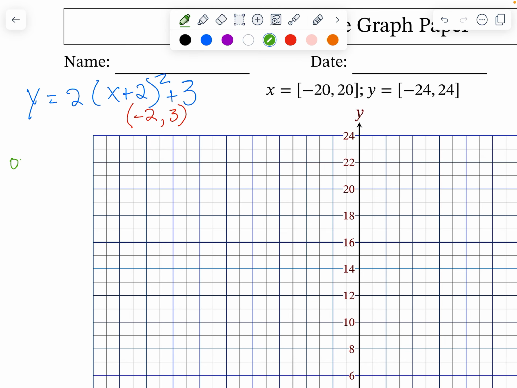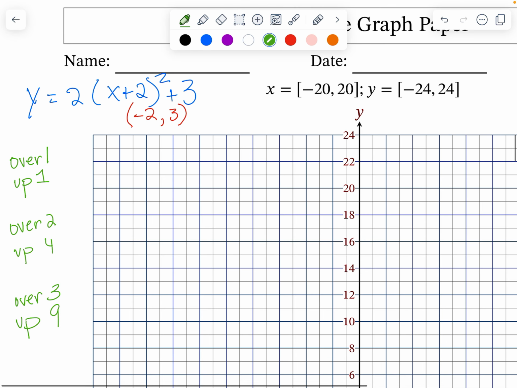So normally it's over 1, up 1, and over 2, up 4, over 3. 3 times 3 is 9, up 9.